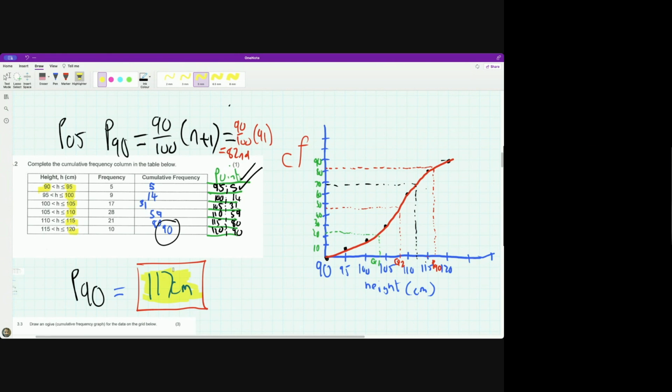It's an estimate, but this is what's called an interpretation question. We did one like it earlier. What do we think the answer to that is going to be?